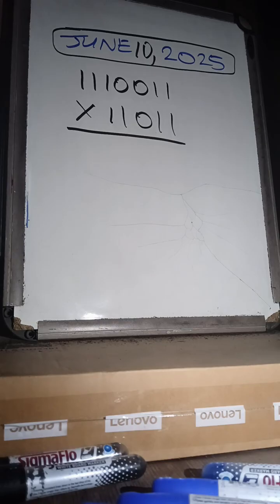So what we have there, we have a base 2 number here and a base 2 number here, and we're trying to multiply them. Now mind you, obviously when you multiply it by 1 you just write it back, and when you multiply it by 0 you just write nothing, right?